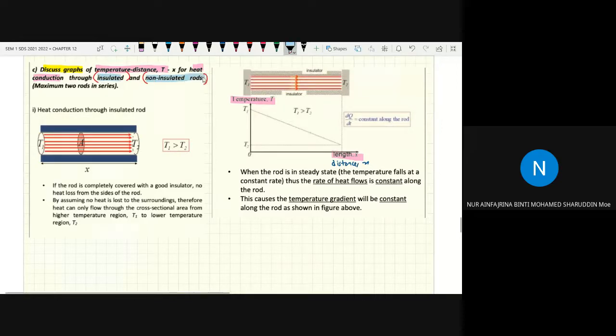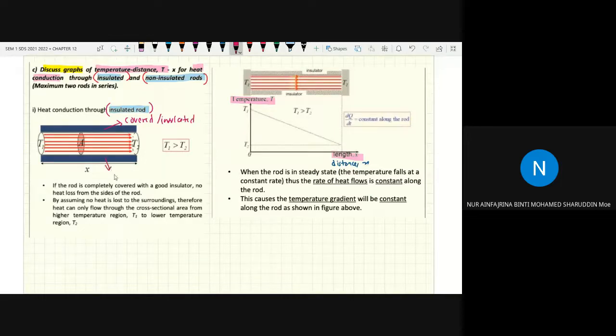Insulated and non-insulated rod. So now the first one adalah heat conduction through insulated rods. So bila cakap pasal insulated rods, maksudnya awak punya rod ni is covered, ataupun kita cakap insulated lah.